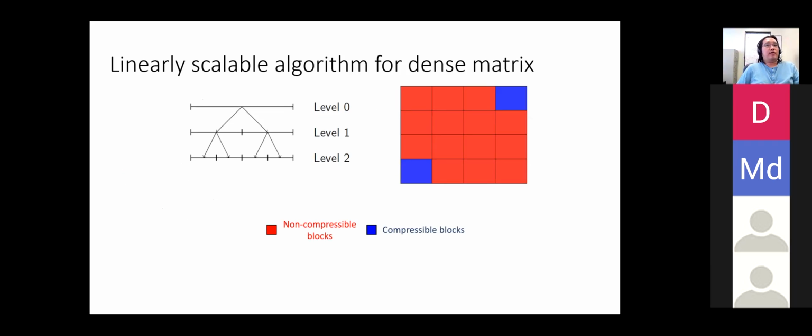Now, usually for some matrices, especially a Gaussian covariance matrix in data assimilation, the off-diagonal blocks express the correlation between one point and another point far away. So they do not have much information, or I would say no correlation.